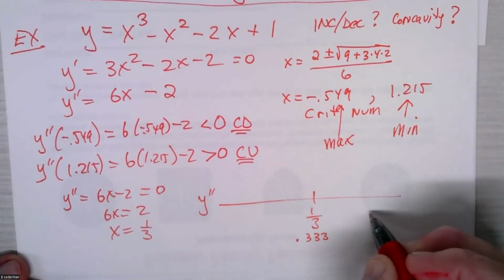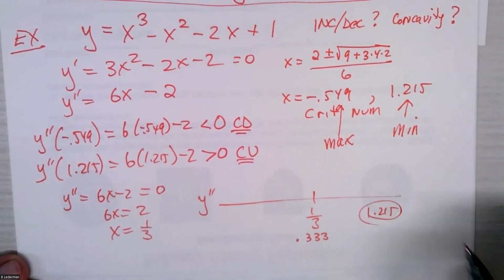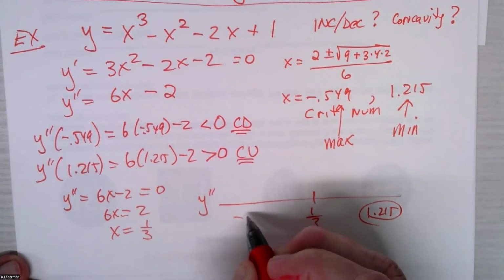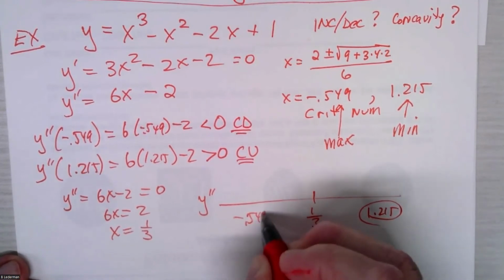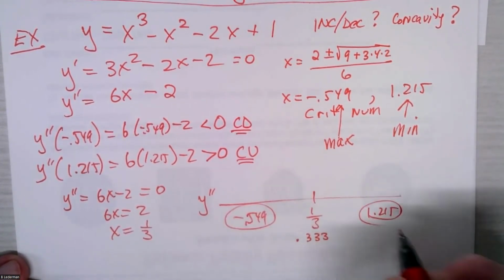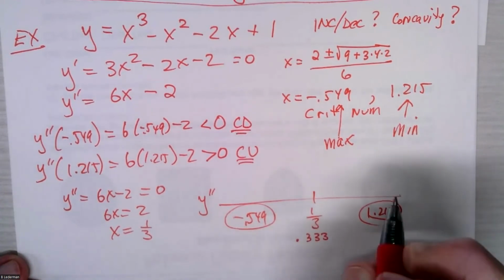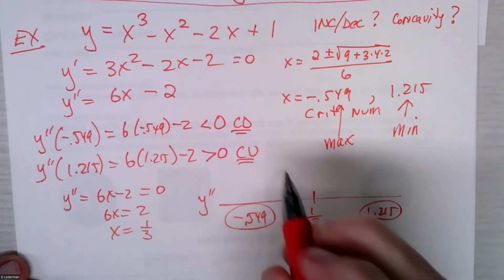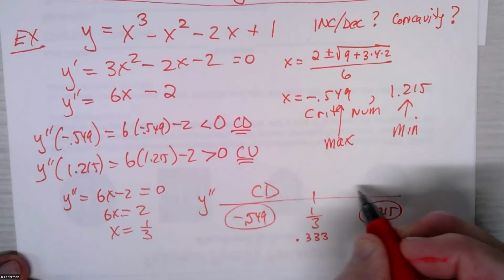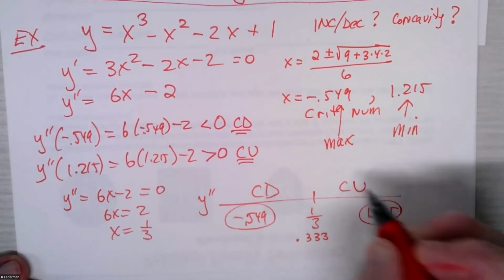So I'll take my test points, 1.215, which I know already, and negative 0.549, which I also know. So I know automatically that this is concave down, and that's concave up.